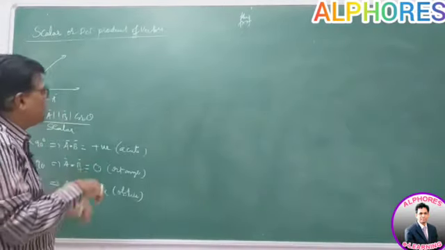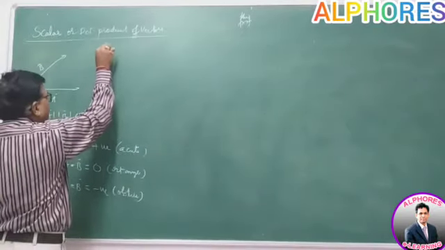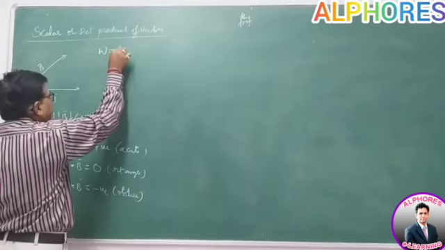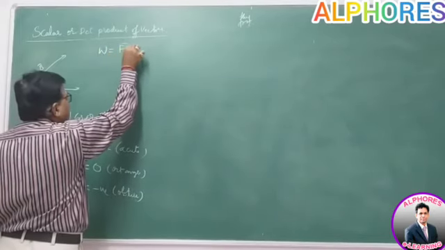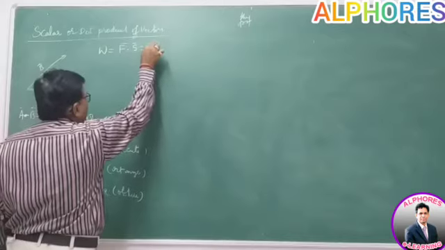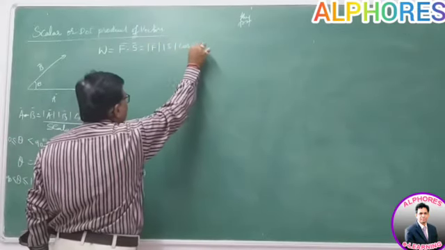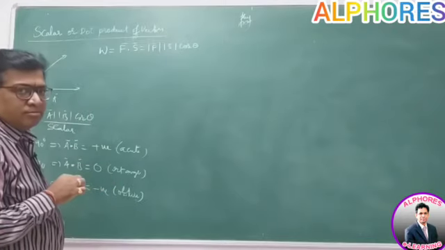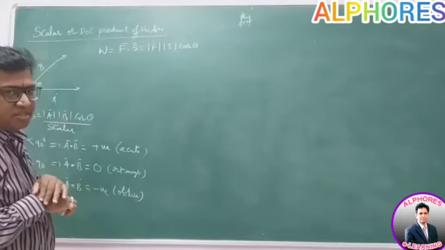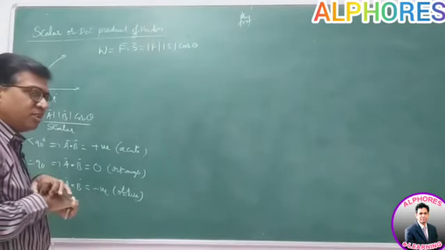Example, work done on a body is the dot product of the force and displacement. So it is the magnitude of the force, magnitude of the displacement, cos of the angle between force and displacement. So work done can be positive, negative, 0.